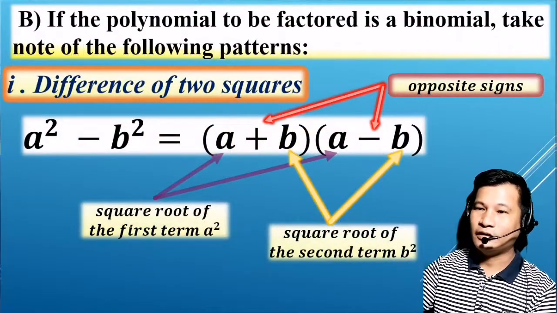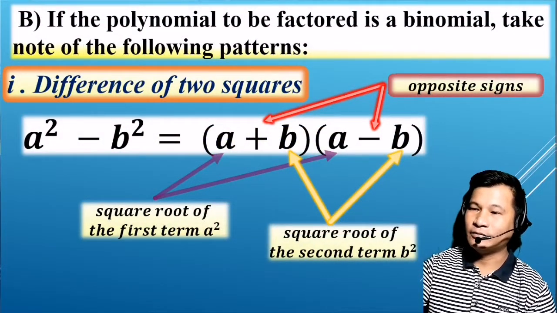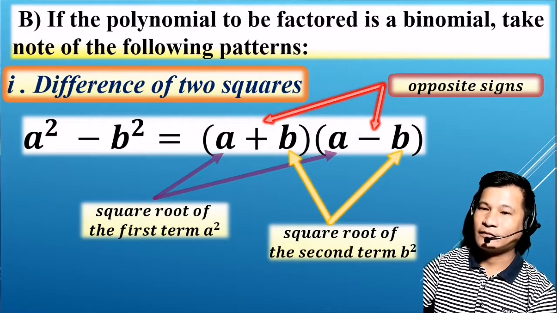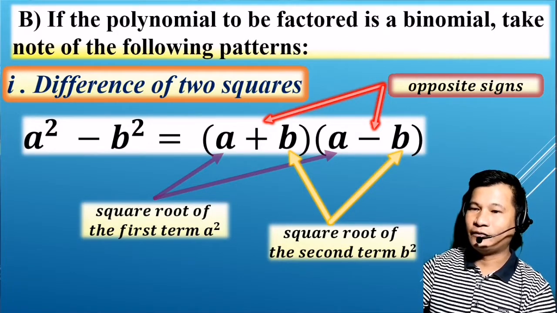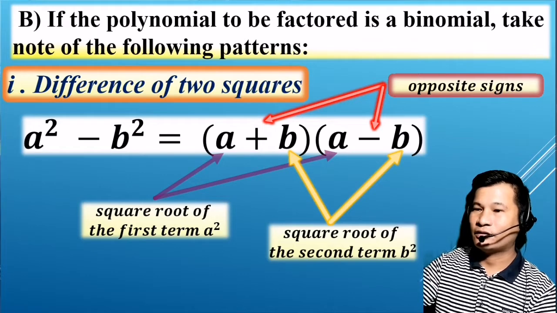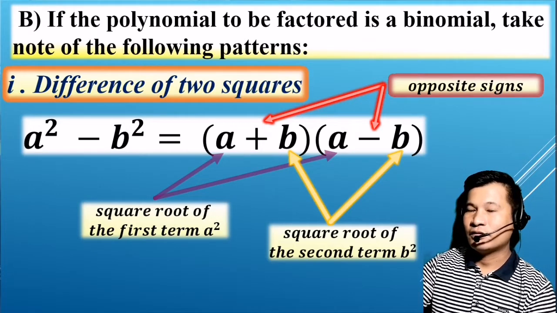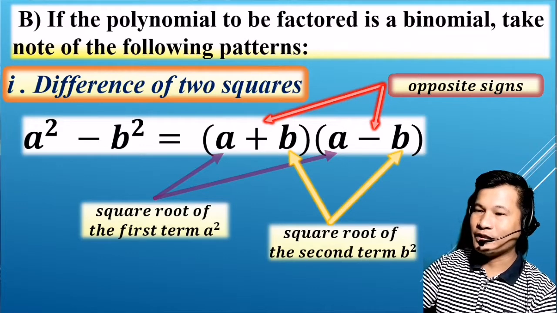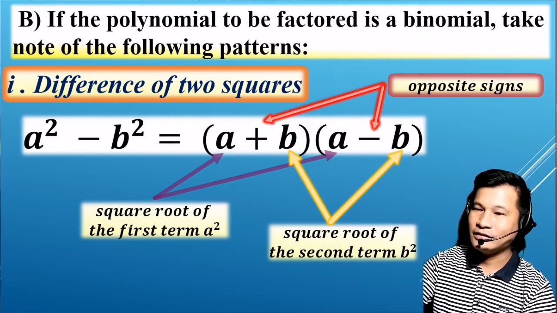Letter B. If the polynomial to be factored is a binomial, take note of the following patterns. First, the difference of two squares. We have a squared minus b squared equals a plus b times a minus b.